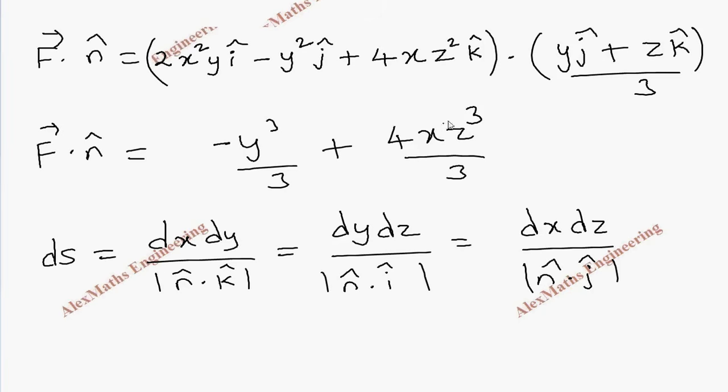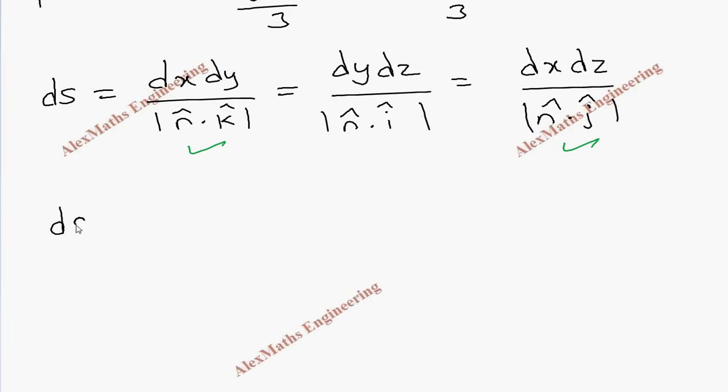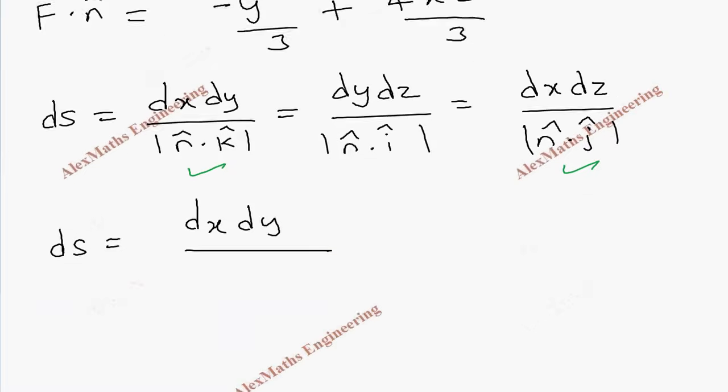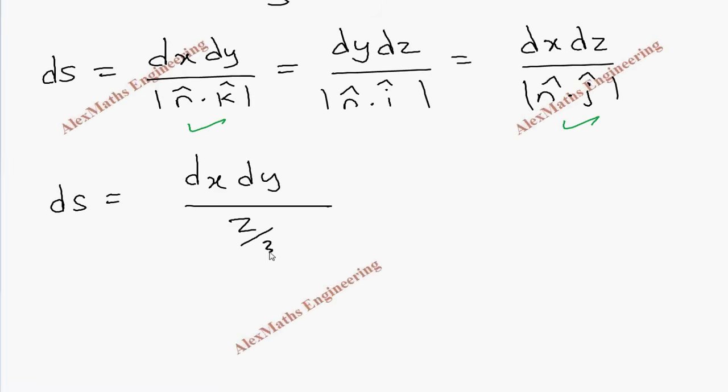Since this n cap is having only j and k, we cannot take the i. Either we can take n cap dot k cap or j cap. So let's take the first one, that is ds equal to dx dy by, when I do n cap dot k cap with this, we get z by 3. So it is z by 3. So finally ds is 3 by z dx dy.